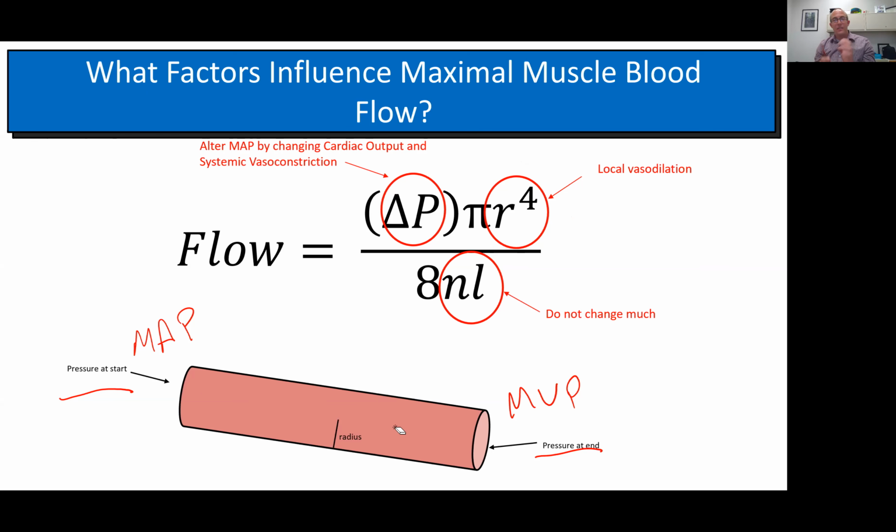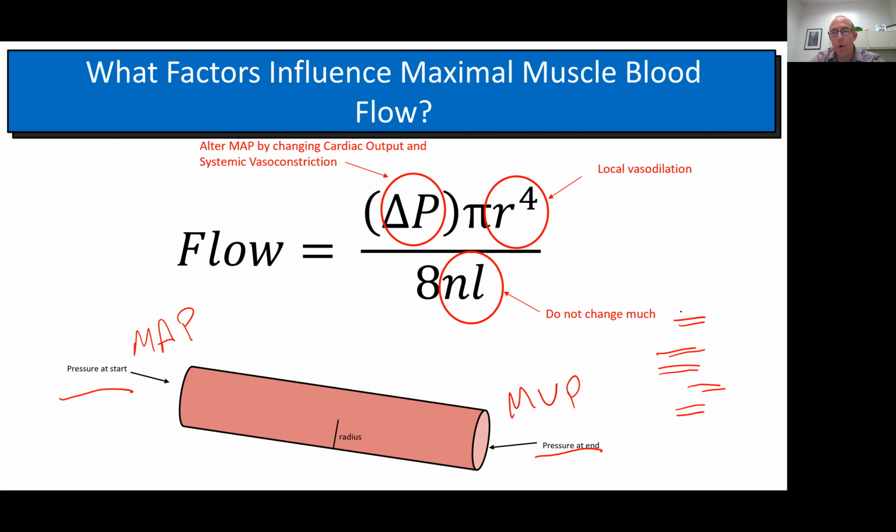But when you get down to the level of your muscle, you have thousands, if not hundreds of thousands, of these little arterioles. So instead of one artery, let's say you've got artery 1, artery 2 over here, artery 3 over here, artery 4. You've got all these arteries.